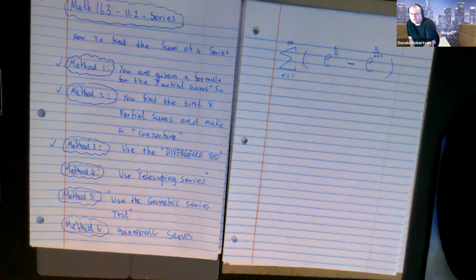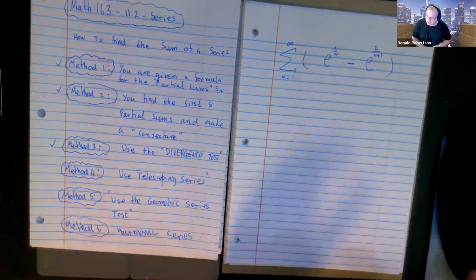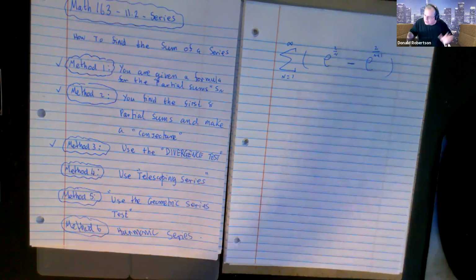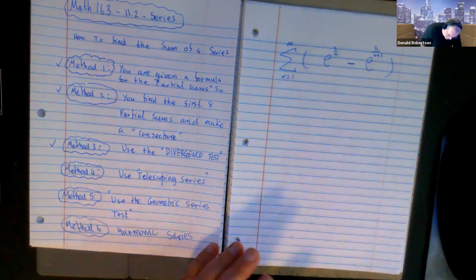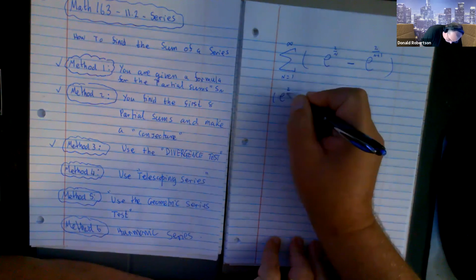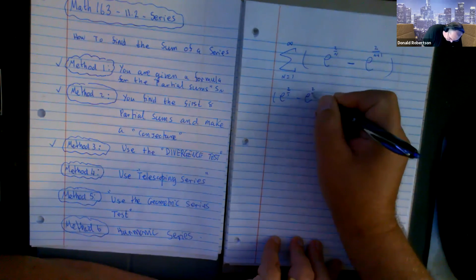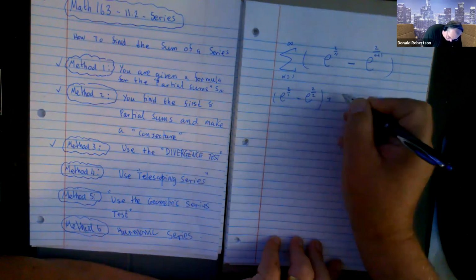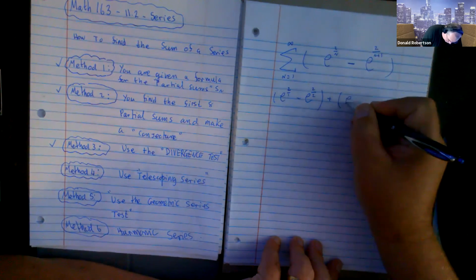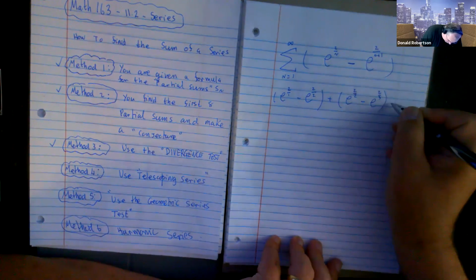So how do telescoping series work? How do we find out what they converge to if they converge? Rather clunky. You would hope it was some really elegant rule where I would just say if r is bigger than 1, it diverges. No, it goes like this. You plug in n equals 1. And if you plug in 1 here, you get that. And then you plug in n equals 2. And I wish I'd written slower.